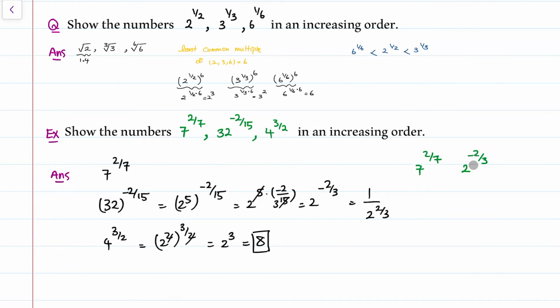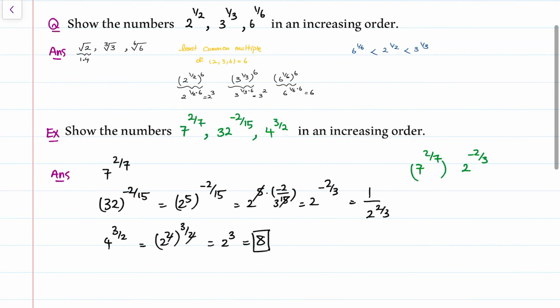Okay, so which one is bigger? I'm going to raise them to a power so that I can get rid of the fractions on the exponent, and the power that I'm going to use would be the least common multiple of the denominators. So the least common multiple of 7 and 3 is 21.